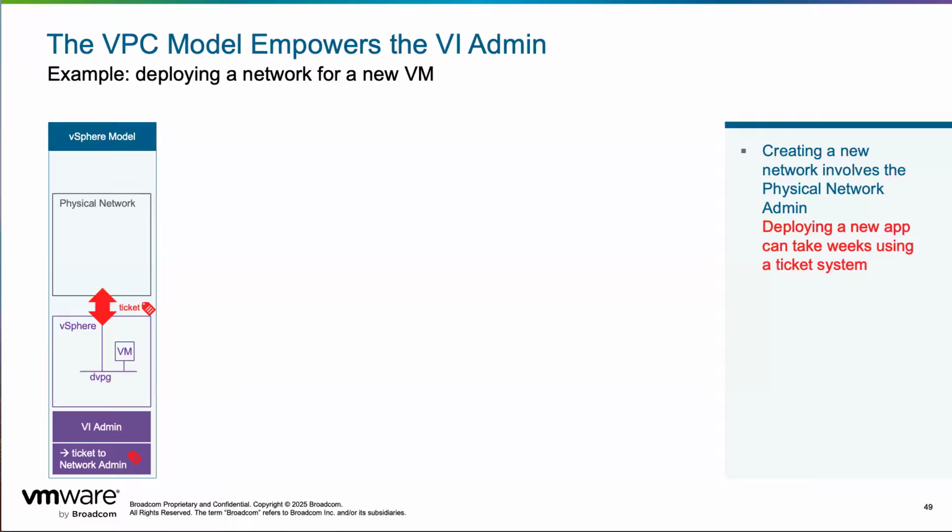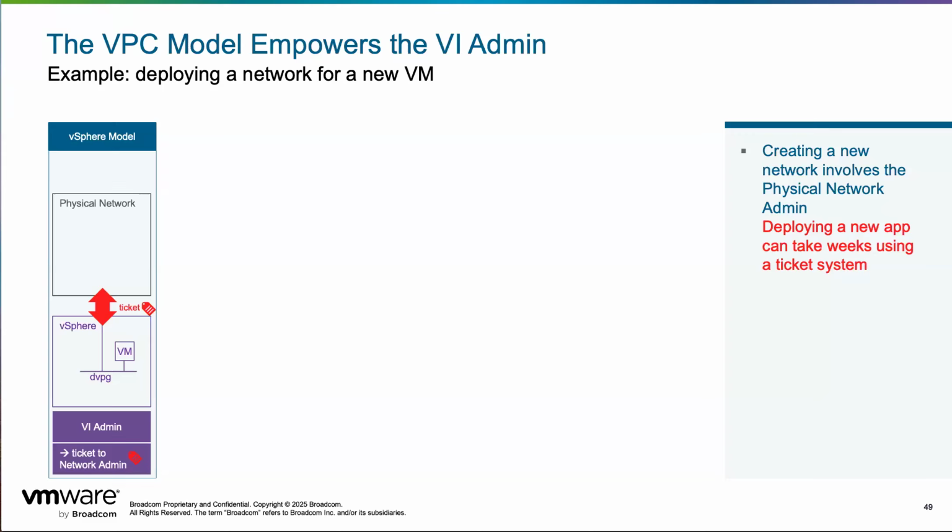In the vSphere model, if I want to deploy a new application, I'm going to basically open a ticket to the network admin and ask them for a certain subnet with capacity for certain IP addresses. I'm going to say, oh, I need one public subnet. I need two private subnets. I need routing between them. I mean, the list goes on and on. That's a ticket, basically.